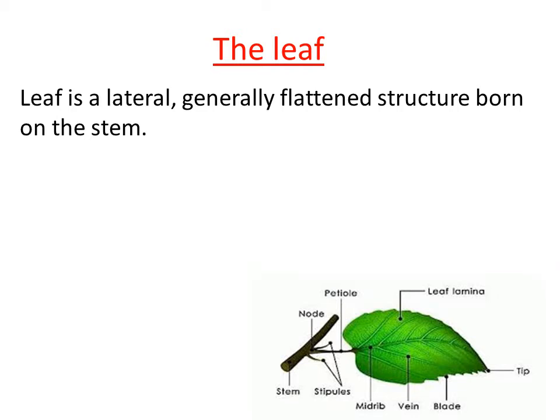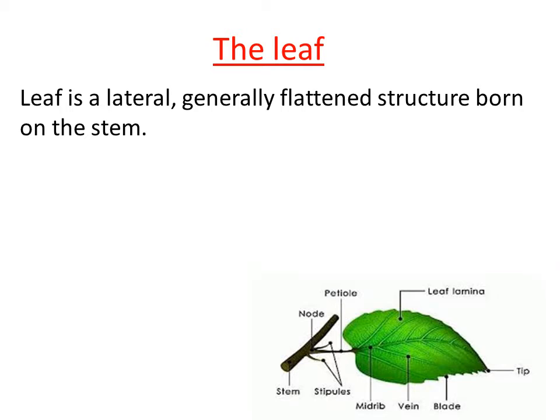So the formation of a leaf takes place on the surface of the stem, right? If you look at the leaf, it is a flattened structure. The surface of the leaf is flat and it is attached to the stem on the lateral surface. So from the side of the stem, the leaf arises.